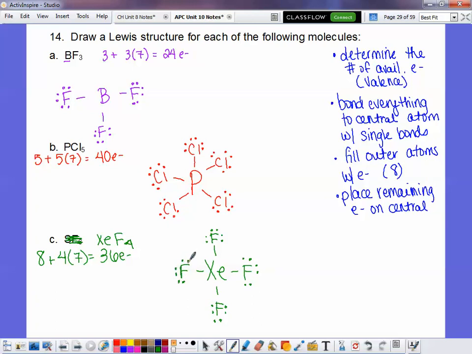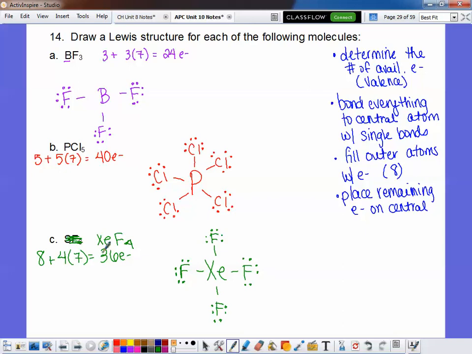All right, so we just used 2, 4, 6, 8, 10, 12, 14, 16, 18, 20, 22, 24, 26, 28, 30, 32 electrons, and we need to have 36 represented. So I have 4 more electrons that are going to be added.